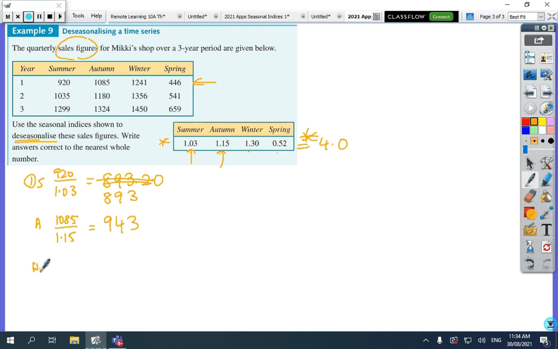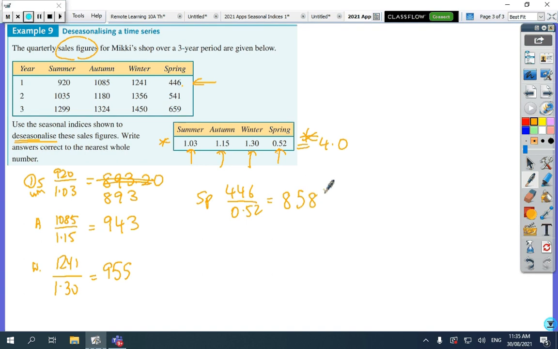For winter, it's 1241 divided by 1.3, so 955, and so that's winter there, and in springtime it's 446 divided by the index, 446 divided by 0.52, so the deseasonalised is 858.